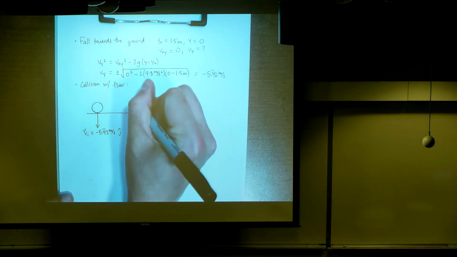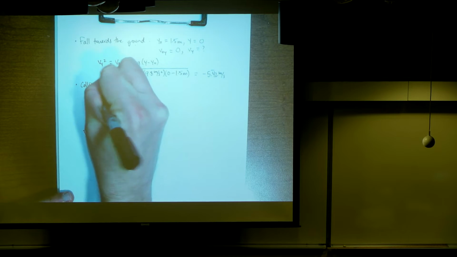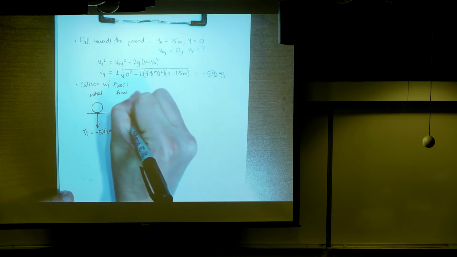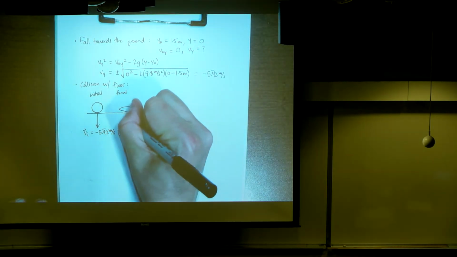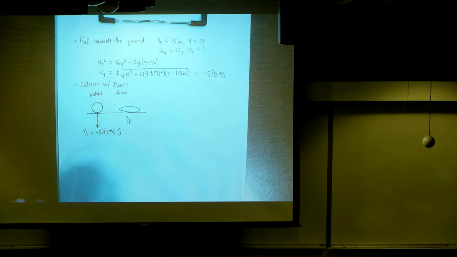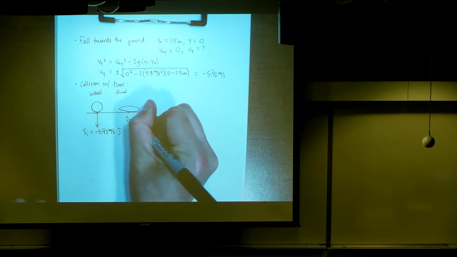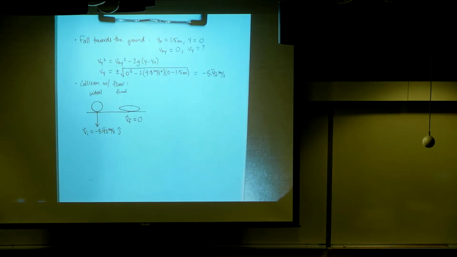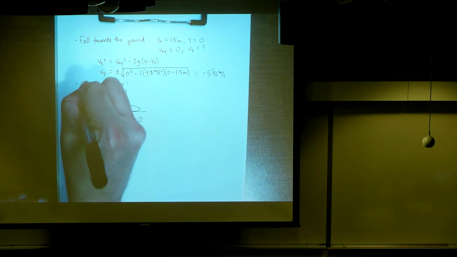And then, that's our initial state. Our final state just looks like this. The ball of clay is splattered on the floor, and what is its final velocity? It's just 0, right? It's brought to a stop. All right, so we're using this coordinate system right here.